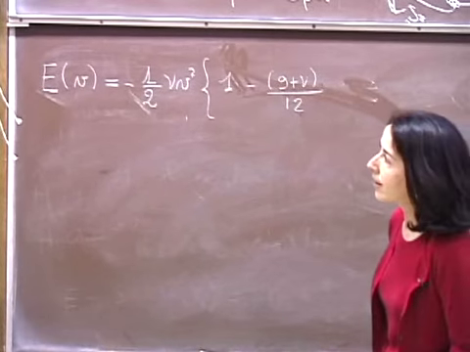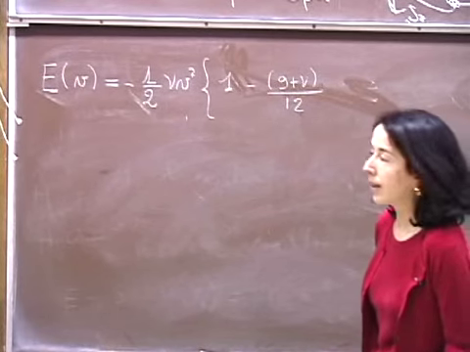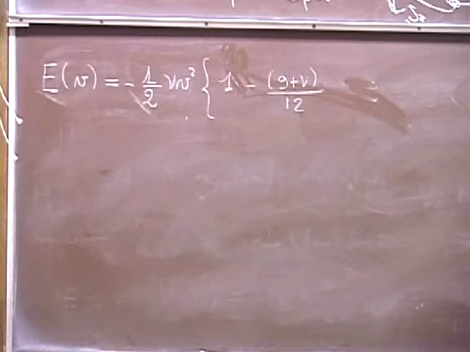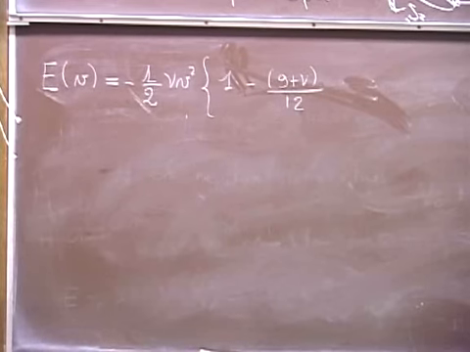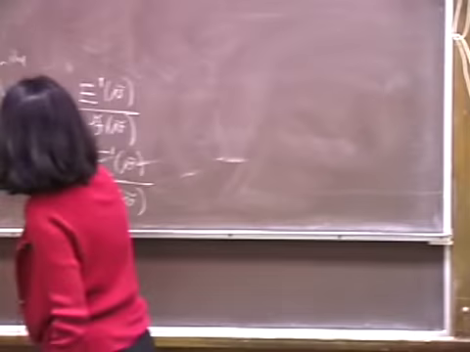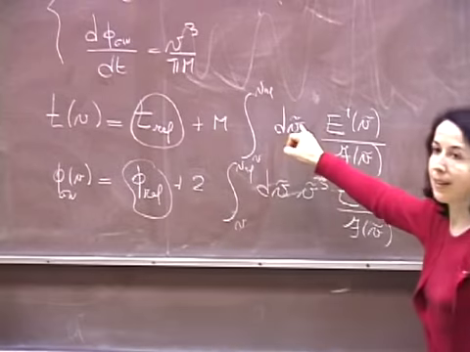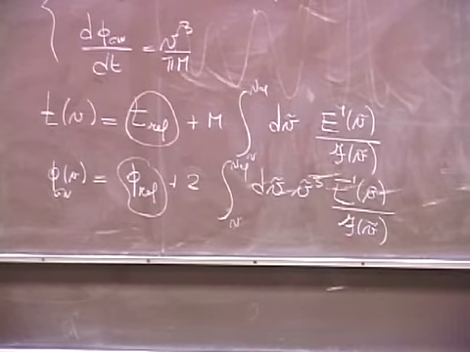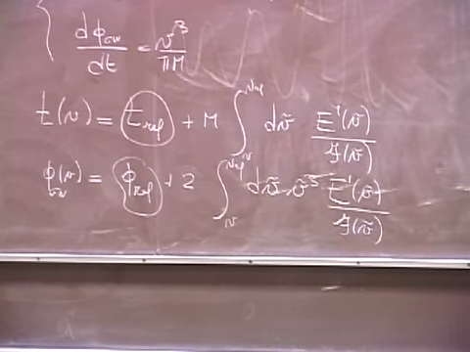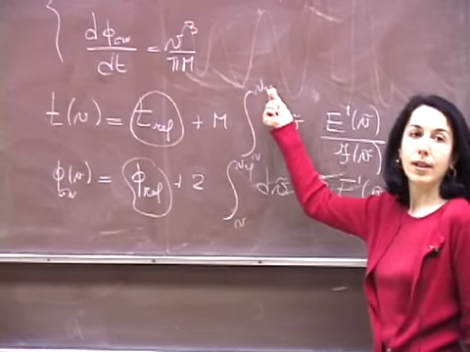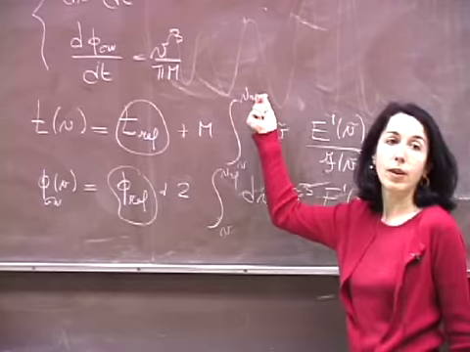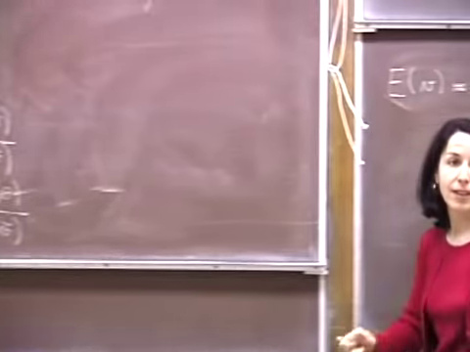Over there, in these formulas, how do they depend on v? Well, I'm doing some abuse of notation. What's the subscript on v? The subscript on v is v ref, which can be the time at coalescence or the last stable orbit or something like that.